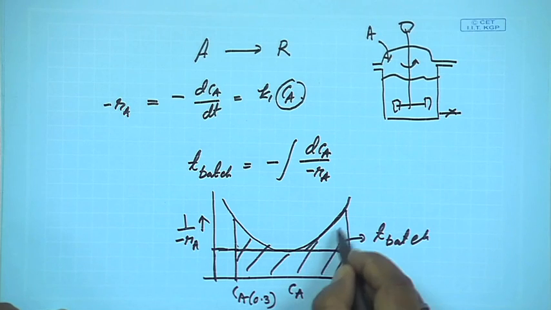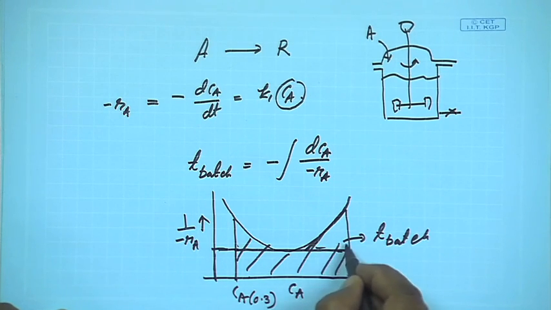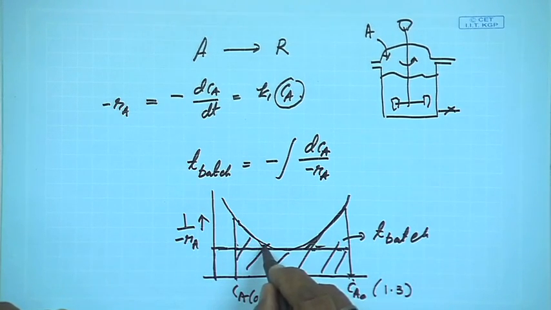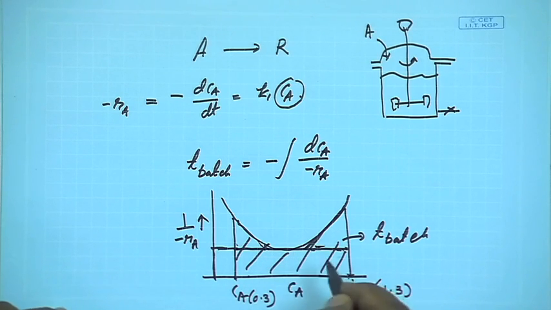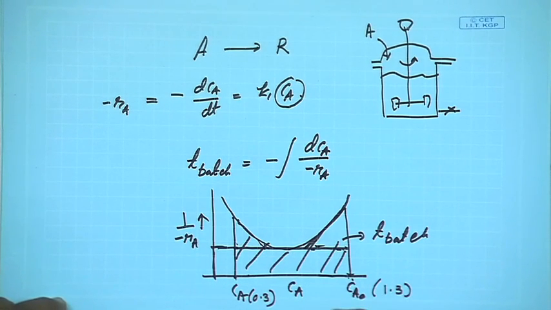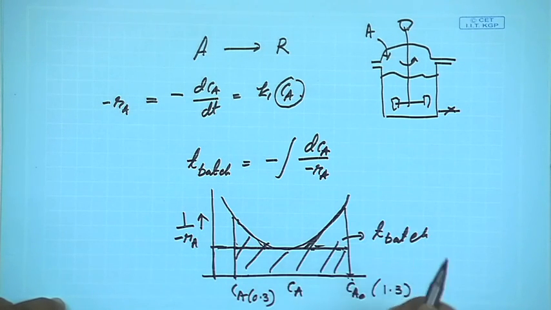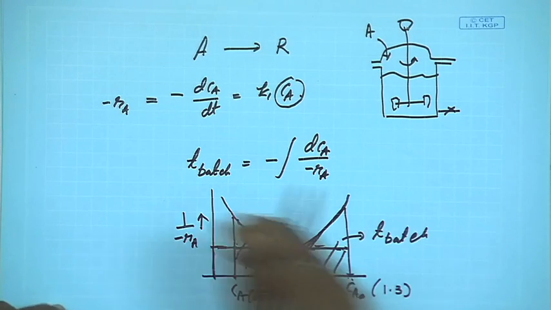On centimeter graph paper you can find out what each square corresponds to in time, so you can do the calculation and find out the T batch.